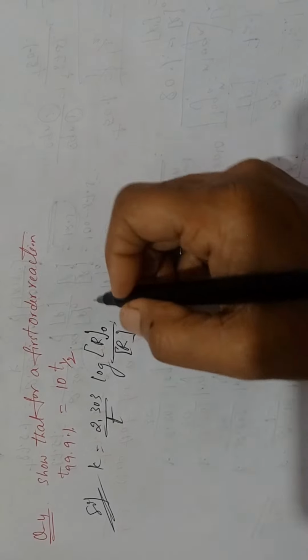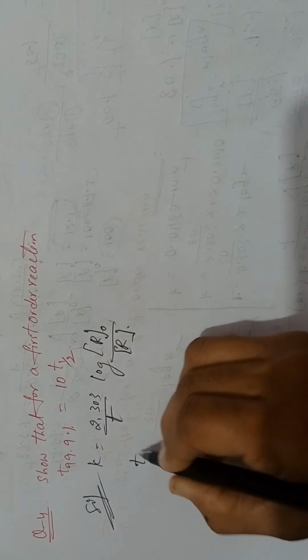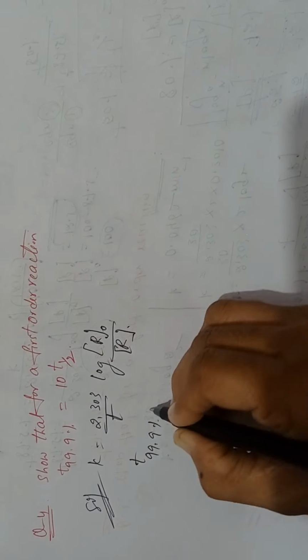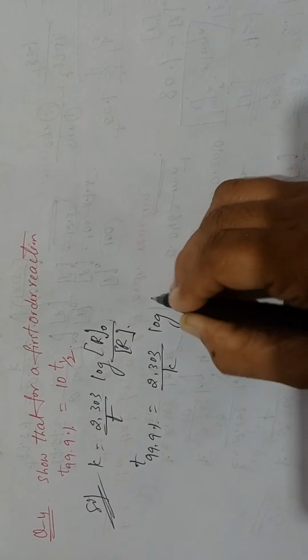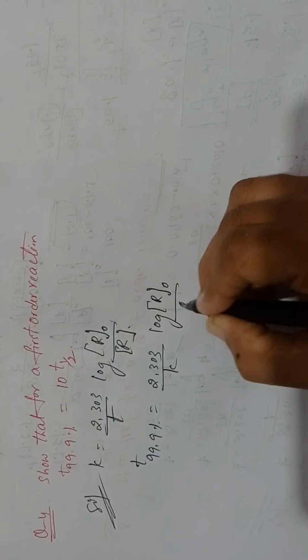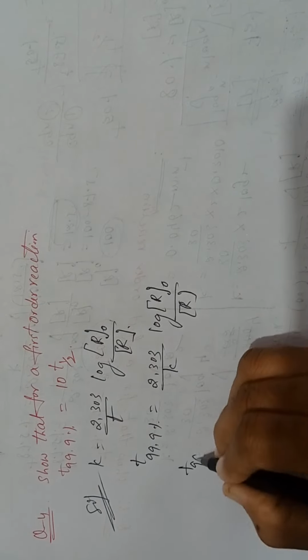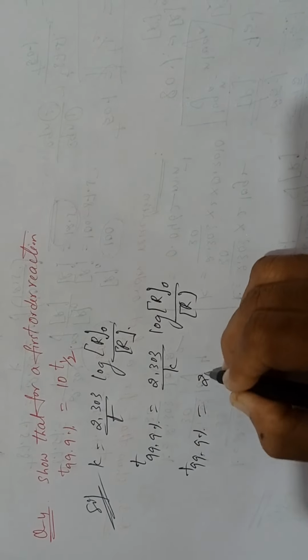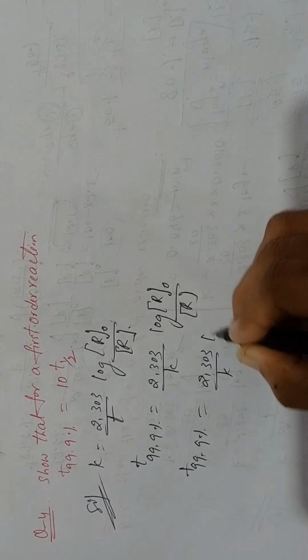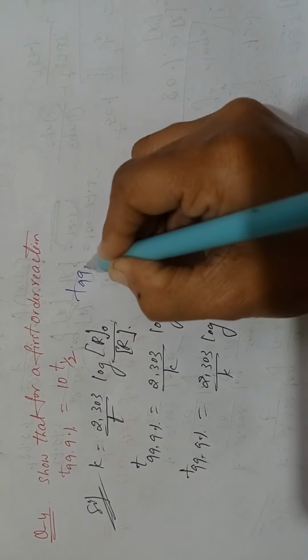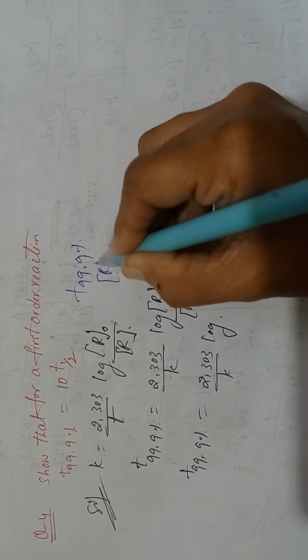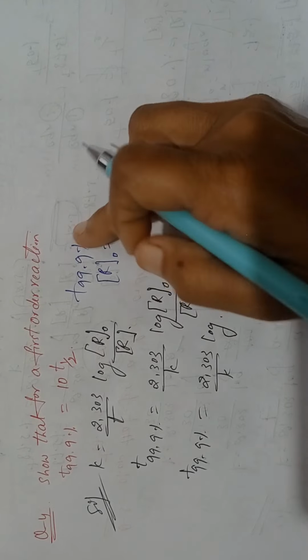Correct? So we have to find T value. So T 99.9% is equal to 2.303 by K into logarithm of R naught by R, initial concentration. T 99.9% means R naught value is 100%.